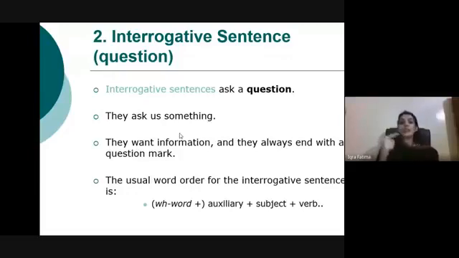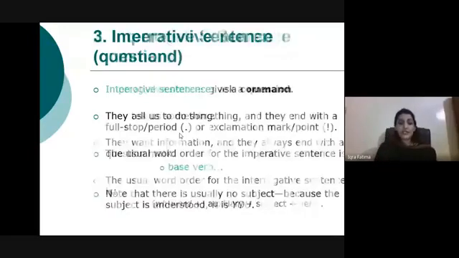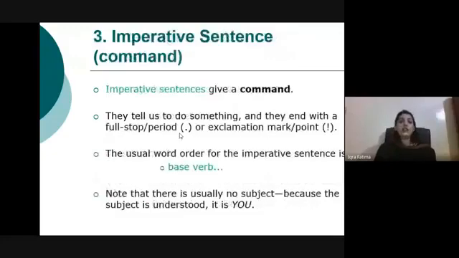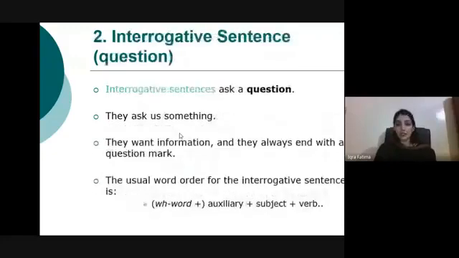Let's suppose, is he writing; what is he doing? Here is is the auxiliary, he is the subject, and doing is the verb.